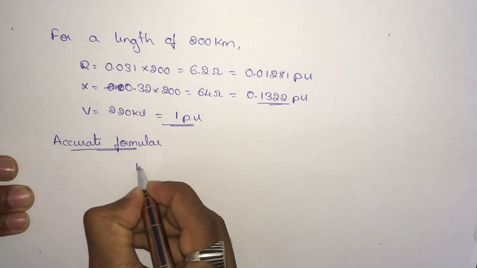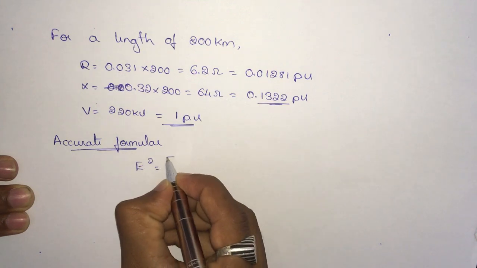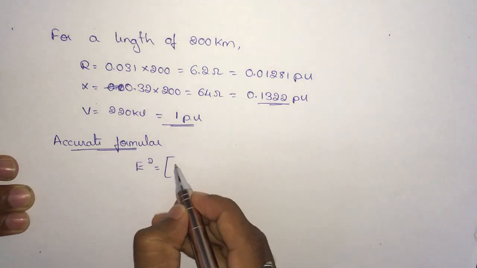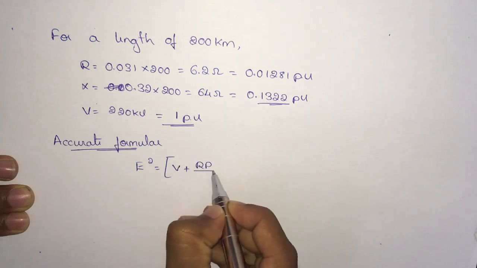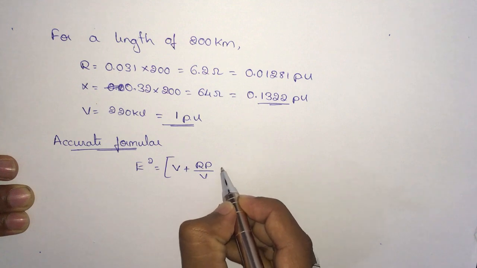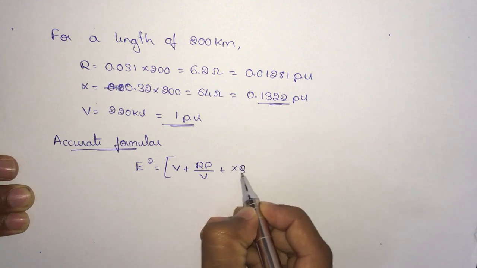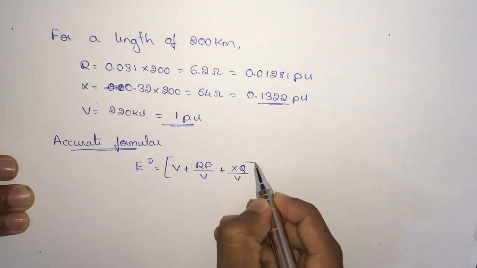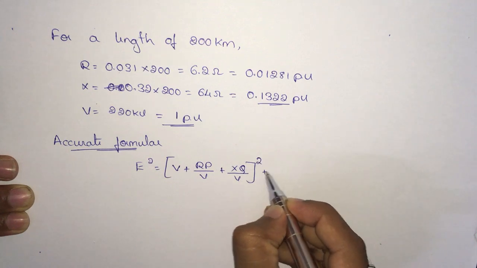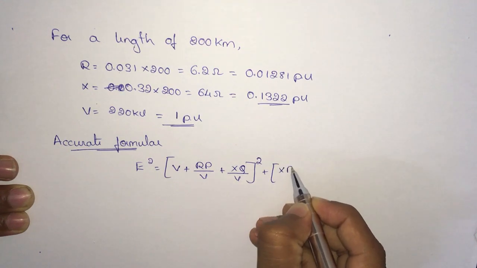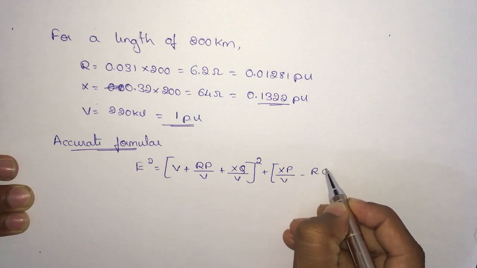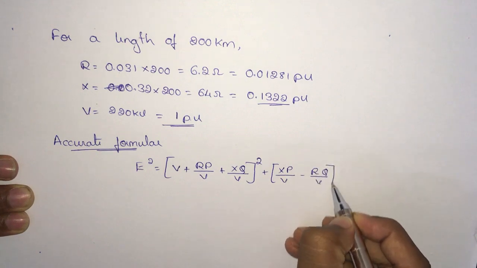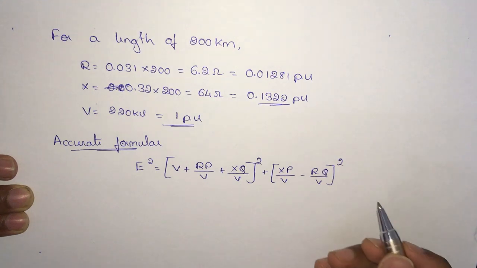Accurate formula is E square is equal to V plus RP divided by V plus XQ divided by V whole square plus XP divided by V minus RQ divided by V whole square.